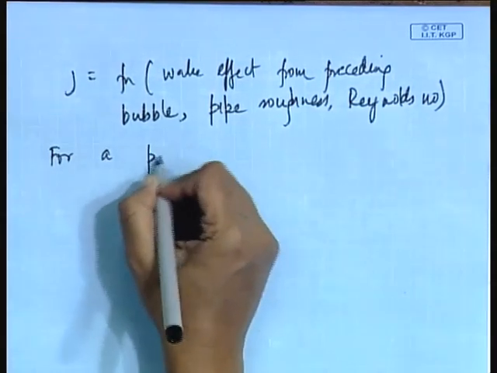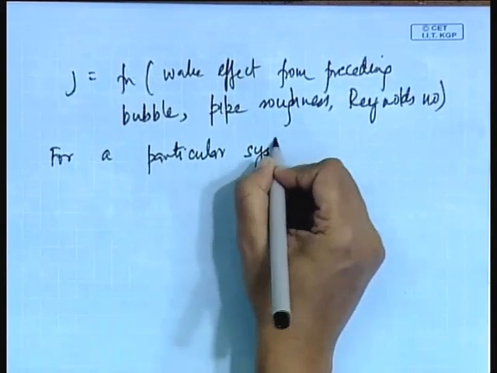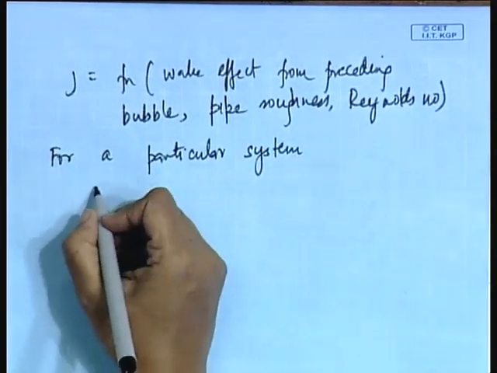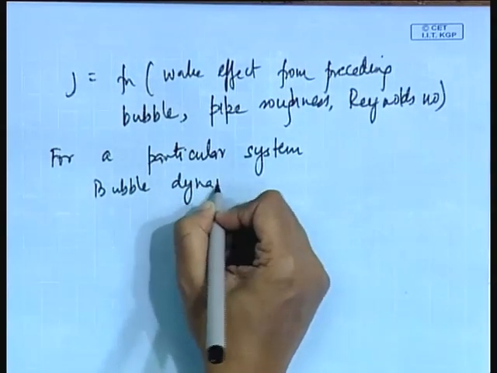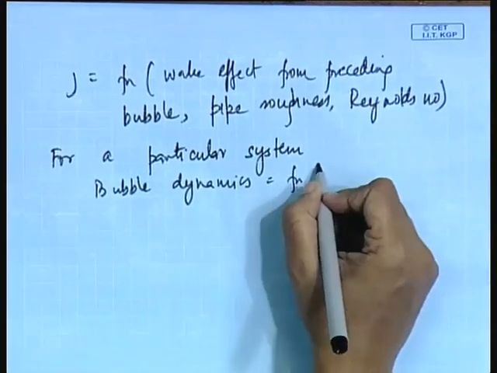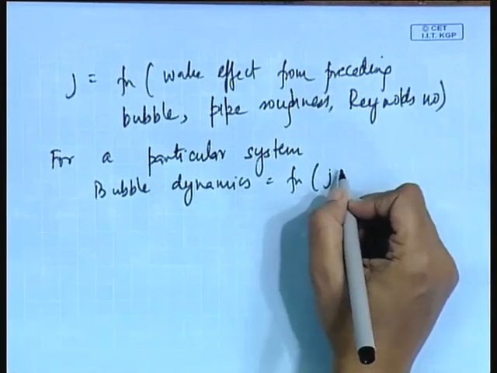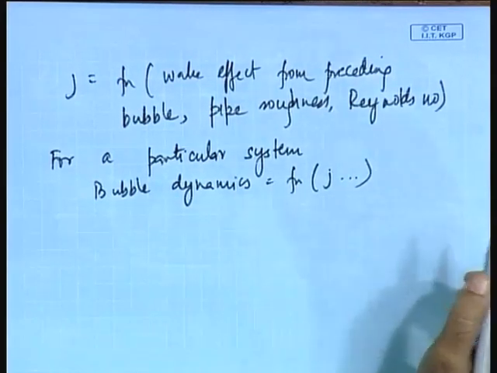For a particular system, when the fluid properties and pipe geometry are all constant, under that condition your bubble dynamics, which is mainly governed by the drift velocity, drift flux, etc., should be a function of J and certain other parameters, but primarily a function of J.